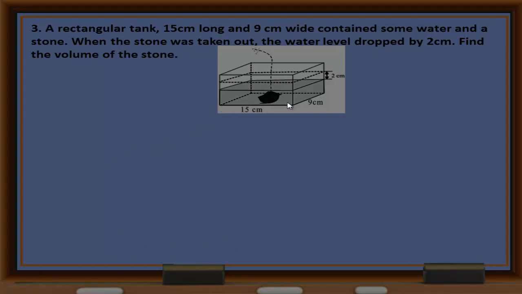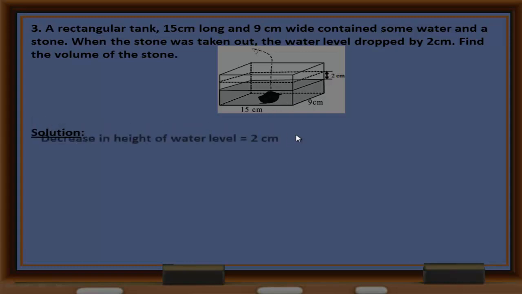Its length is 15, width is 9, and here is the height. Then after the stone is removed, the water level decreased by 2 centimeter. Therefore, from this point to this point is the volume of the stone.